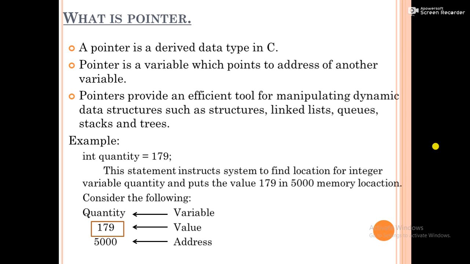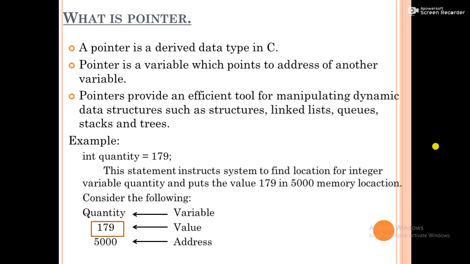So in the above statement, quantity is a variable, and 179 is a value that we are going to store in that quantity variable. When we declare this variable, it creates a memory location for the quantity variable of type integer. Here 5000 is the address of that quantity variable.